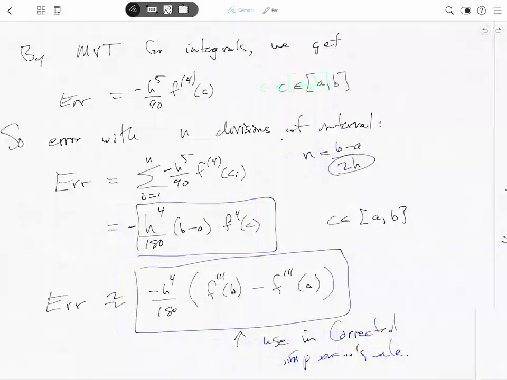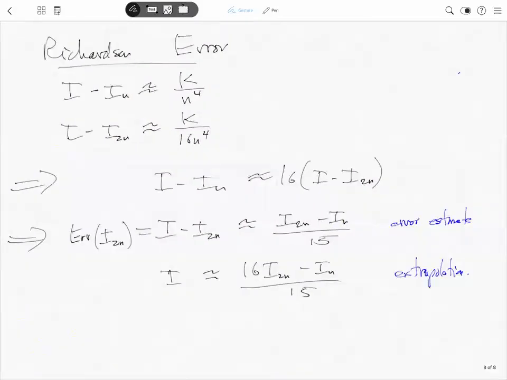Now, for Simpson's rule also, we can do Richardson's error estimate. We can do it the same way. Basically, it's the same calculation, just replacing a factor of 4 by a factor of 16. So again, if I is the theoretically correct value of the integral, and I_n is the approximation using n subdivisions, then I minus I_n is going to be proportional to 1 over n to the fourth.